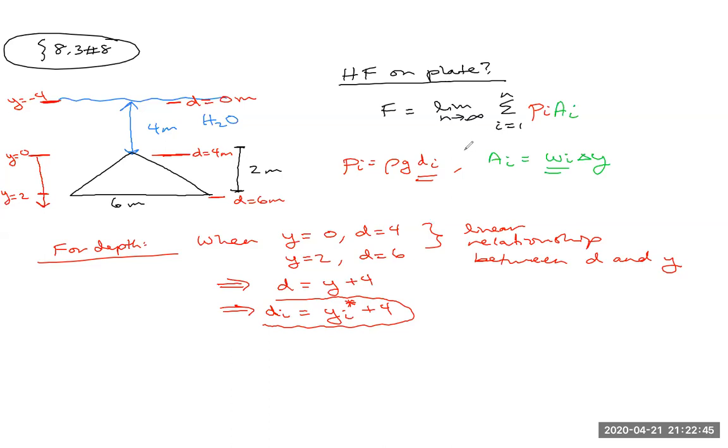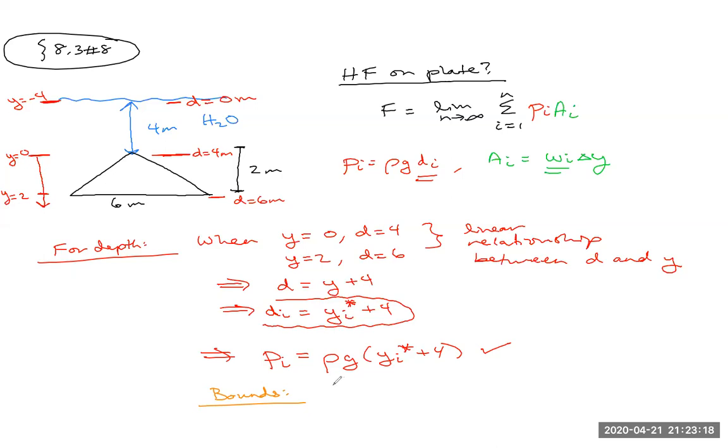All right, so we have d_i, and that means that our pressure, P_i, will be equal to rho g times (y_i star plus 4). And then go ahead and think about your bounds now. Where's the top of the triangle?